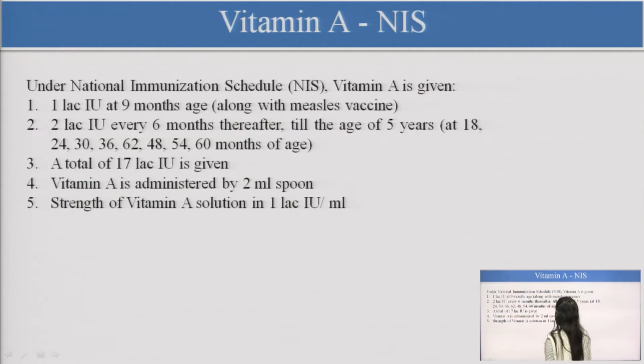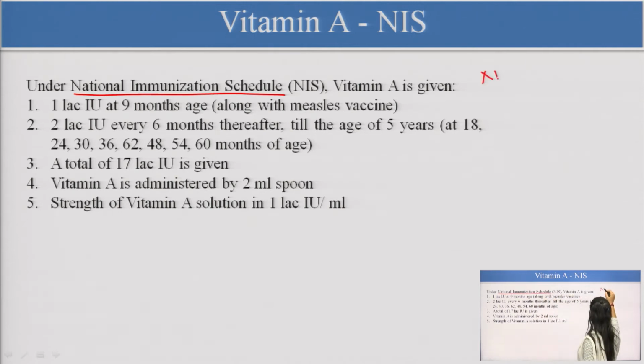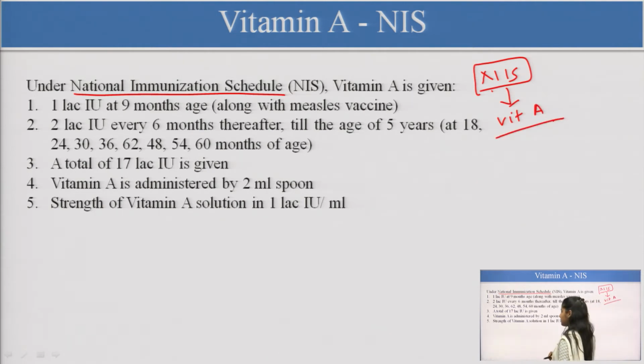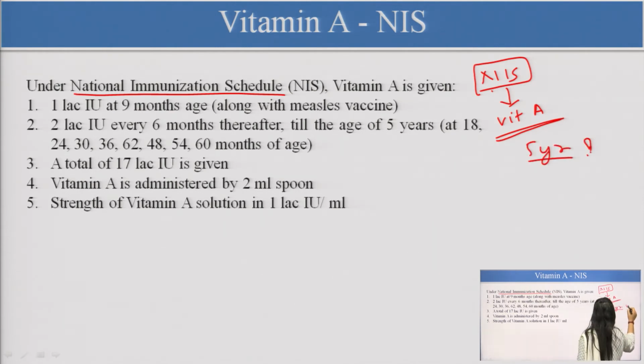Now, what I was telling you about the National Immunization Schedule, NIS. Under the NIS, we have one program of providing vitamin A to the children, and for how many years are we providing it? It is up to 5 years of age.